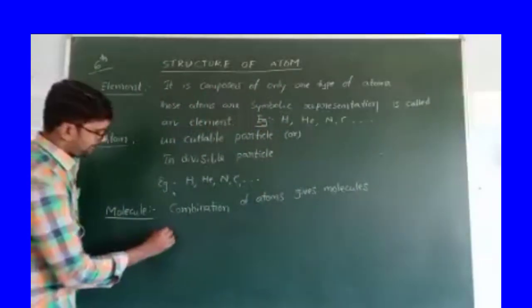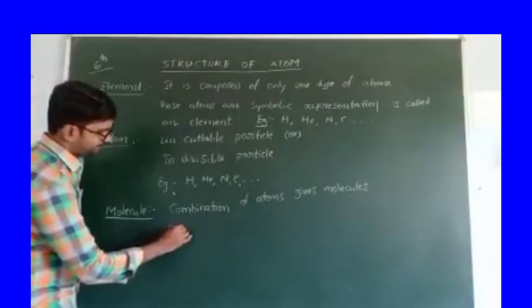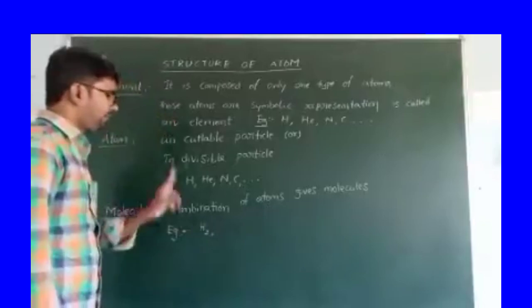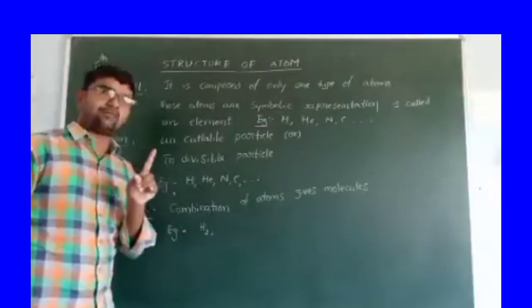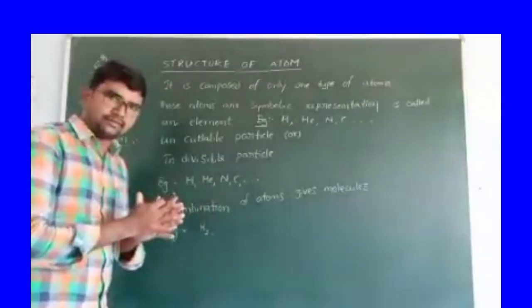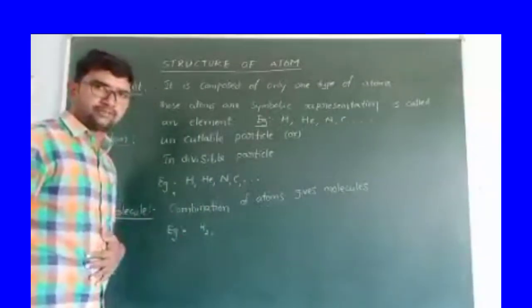The best example for this one is H2. Why? If only one hydrogen is taken, it is called an atom or an element. But if two hydrogen atoms are combined, it is called hydrogen.